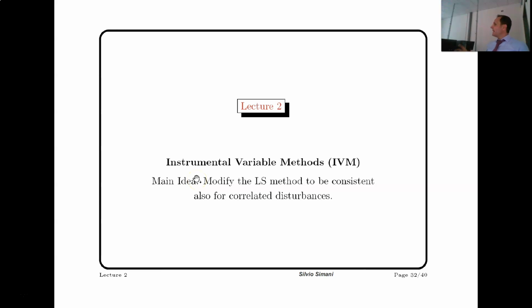So the main idea is to exploit the least square method, but we know that if we use the least square method with models that are not in the form of ARX structure prototypes, we will have inherently estimations that are biased and not consistent.